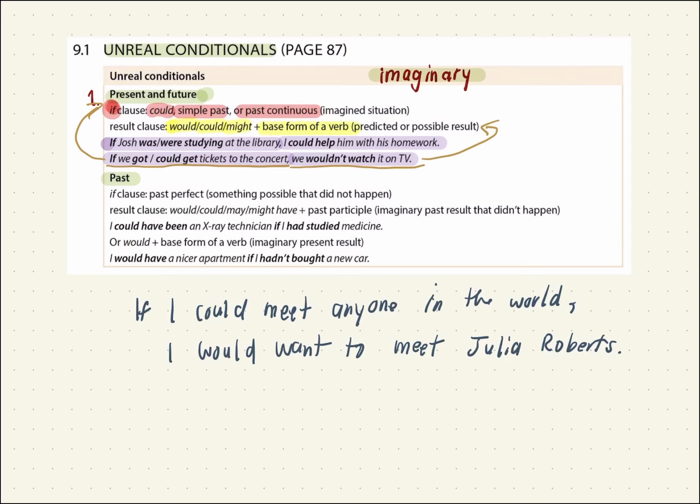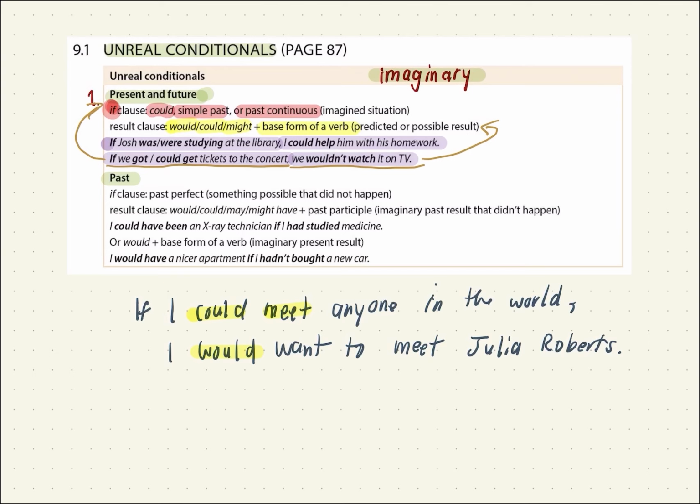If I could, together with meet, works as the main verb and it is an infinitive verb, showing the imagined situation, or the cause of the situation. Then, I would, together with want to, works as the main verb of the result situation.